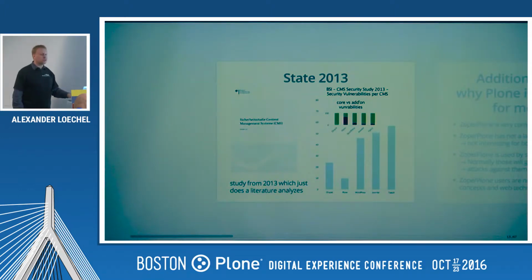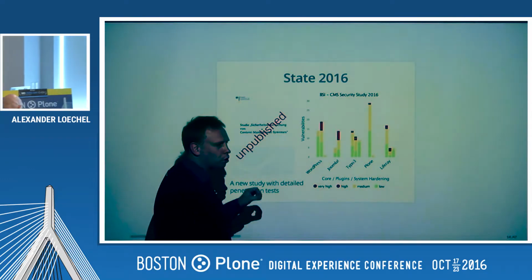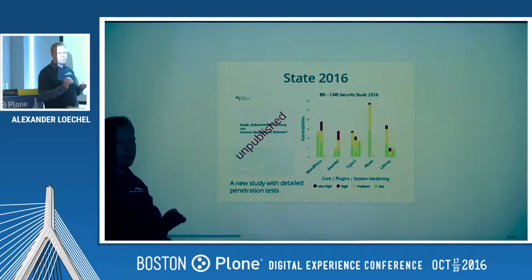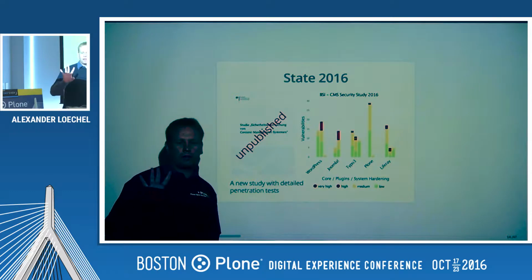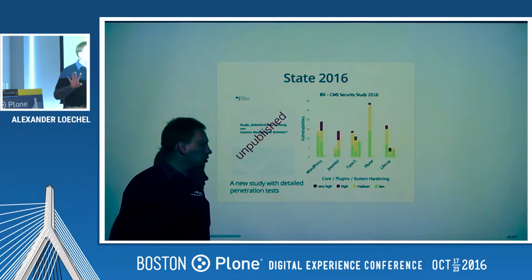The BSI does a second study, 2016. It's not published today. They take a much deeper approach. They now did penetration tests of 5 major systems. So they said they take the 3 most used systems in total, which are PHP systems.